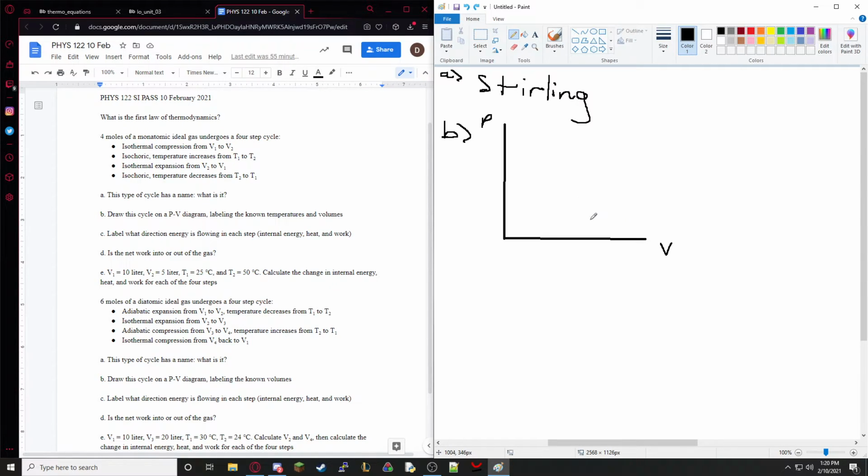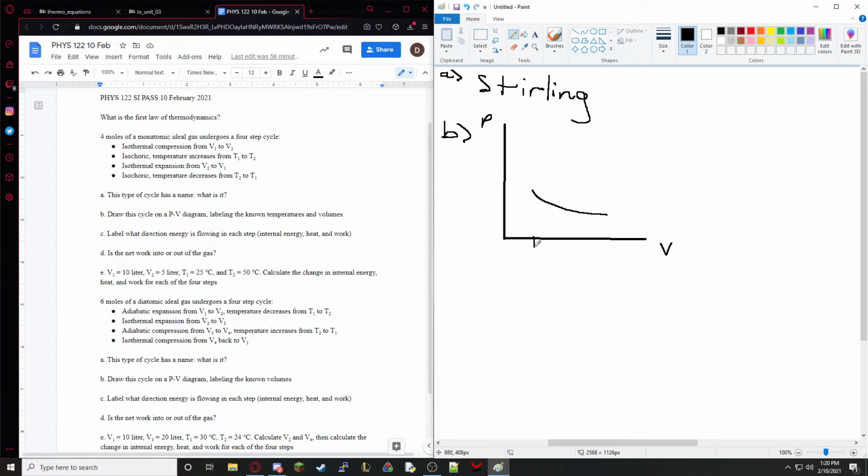So for our first step, we have an isothermal compression going from an initial volume to a second volume. What is that going to look like? Let me just draw an isothermal process right here. Are we going from right to left or left to right?